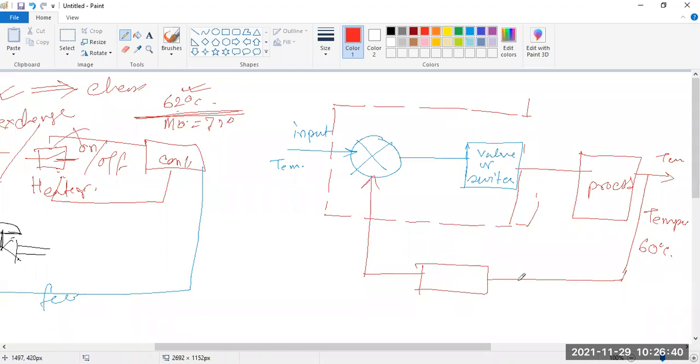The temperature sensor takes the temperature but gives the signal as an electrical signal. If there is a heat exchanger, then the medium is temperature, maybe hot water. If it is directly electrical, then electrical power is the input.